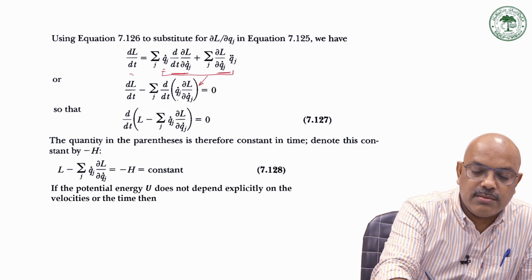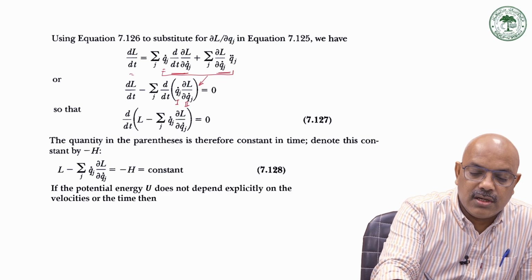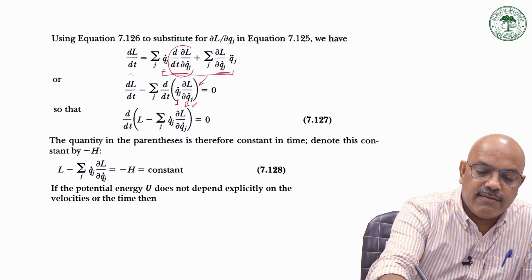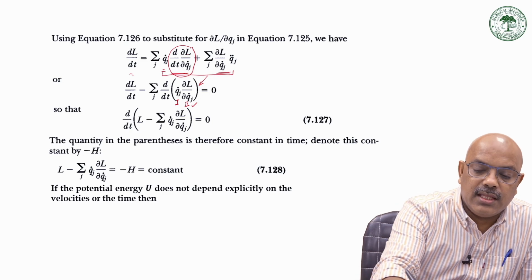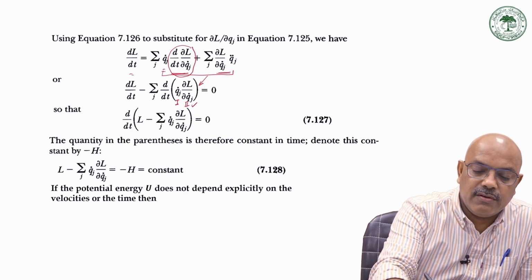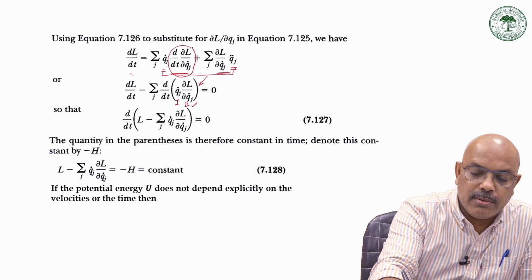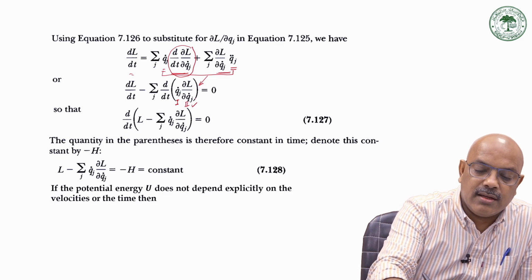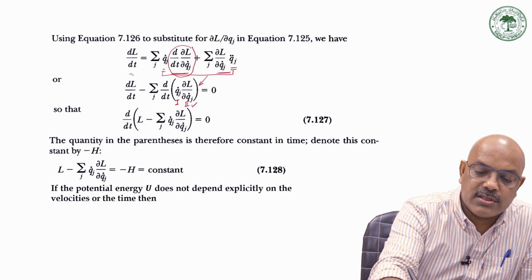Because this is the first term and this is the second term, in differentiation you keep the first term constant and differentiate the second term, which gives d/dt of ∂L/∂q̇, and then differentiating the first term you get q double dot, keeping the second term constant.